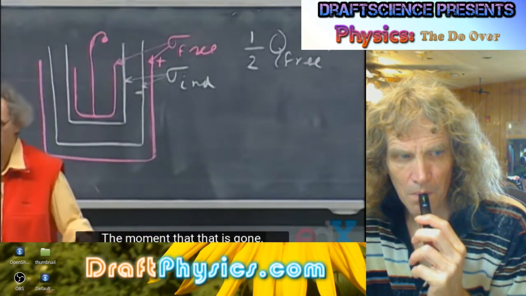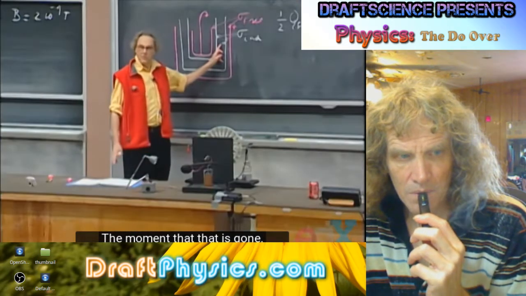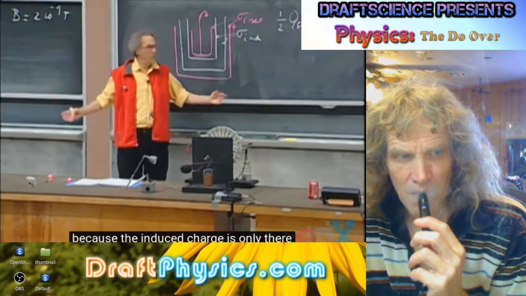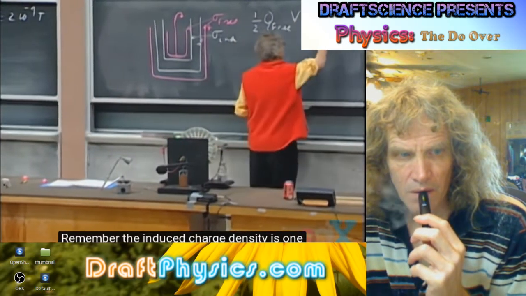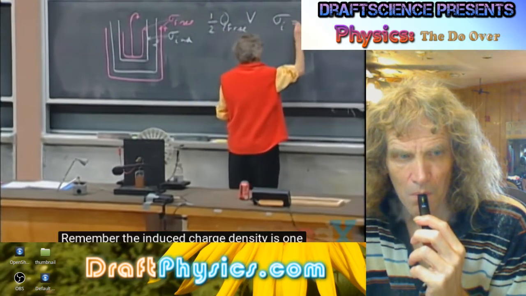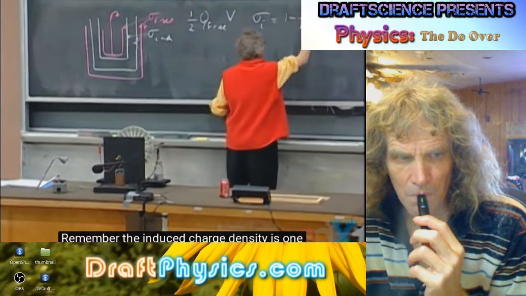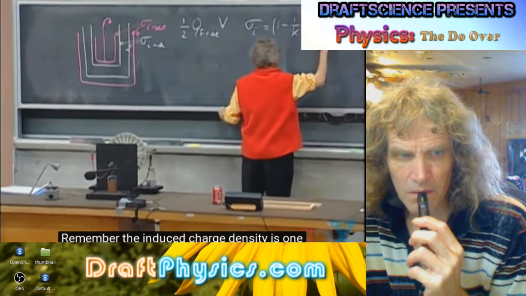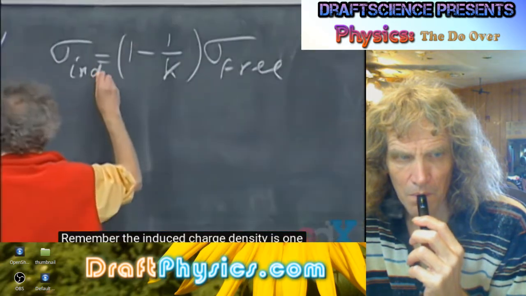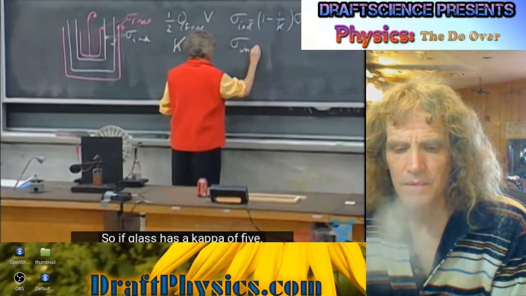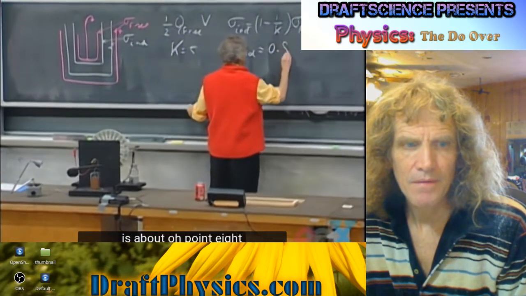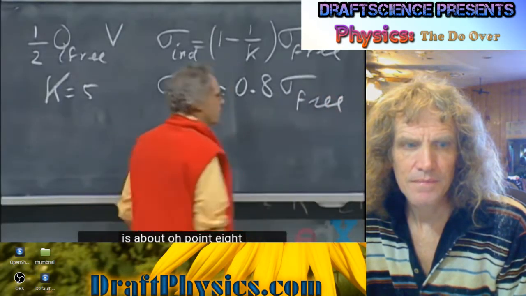The moment that is gone, the induced charge must also go away, because the induced charge is only there because of the free charge. Remember, the induced charge density is 1 minus 1 over kappa times sigma free. So if glass has a kappa of 5, then the induced surface charge density is about 0.8 times the free surface charge density.